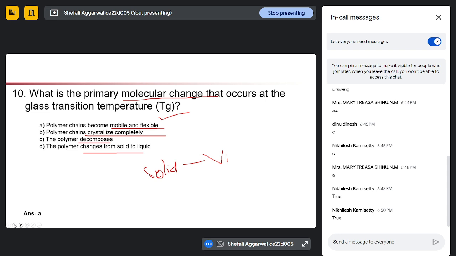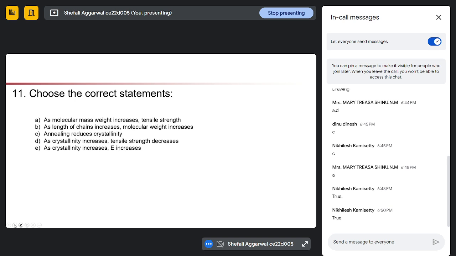Any doubt? The next question is choose the correct statement or statements. As the molecular mass weight increases, tensile strength increases. As the length of chain increases, molecular weight increases.